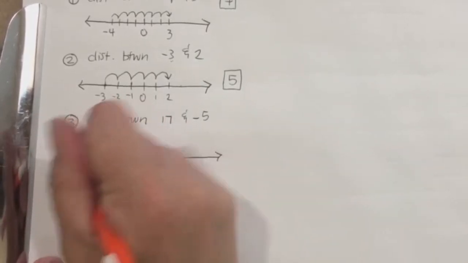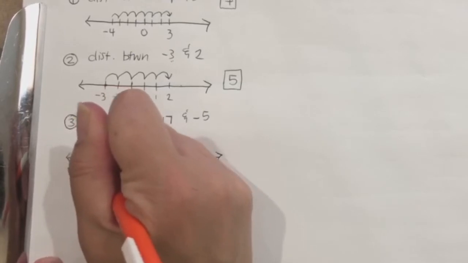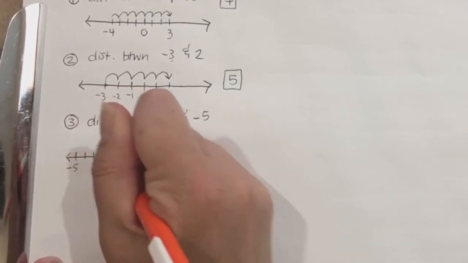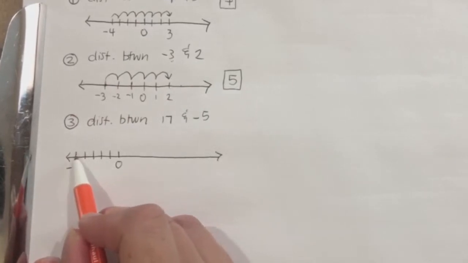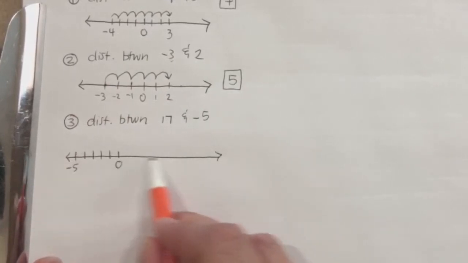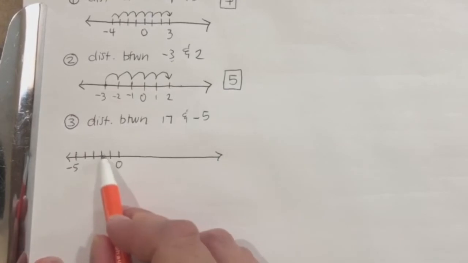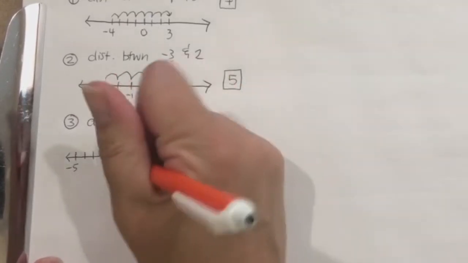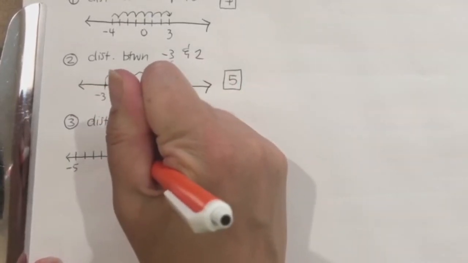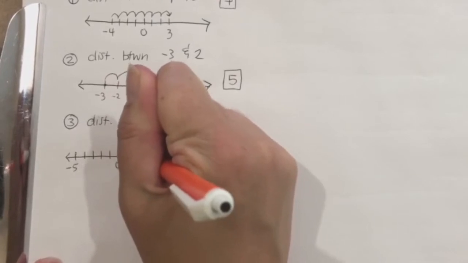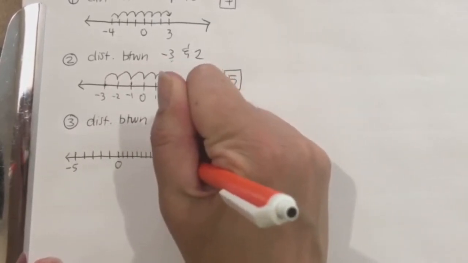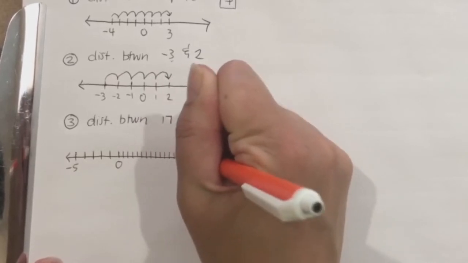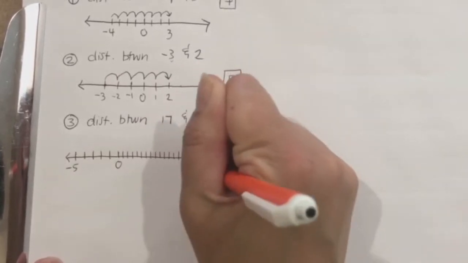So -5, -4, -3, -2, -1, 0. Right? 0, 1, 2, 3, 4, -5. Okay. Now we're going to count up to 17. I might have to make my little spaces a little closer. 1, 2, 3, 4, 5, 6, 7, 8, 9, 10, 11, 12, 13, 14, 15, 16, 17. There we are.